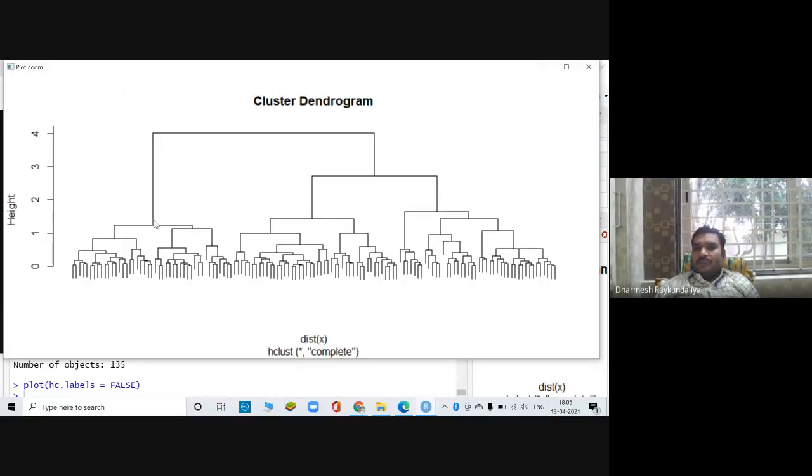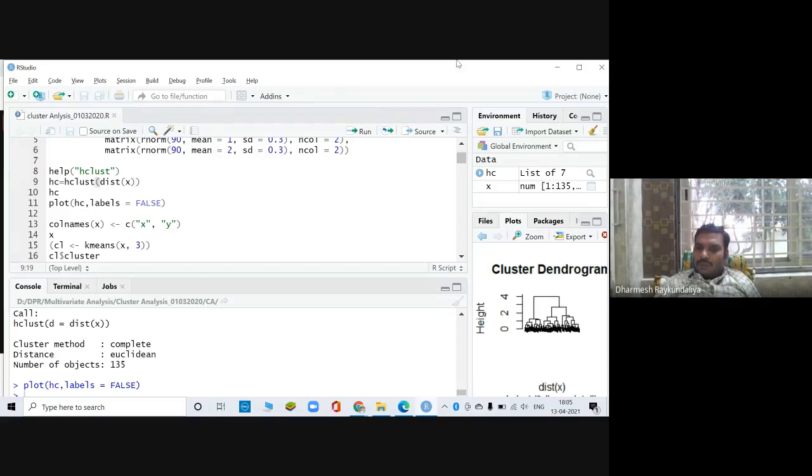So you can see that this is one cluster, this is another cluster, and this is another cluster. Somebody said, sir, I may say this is one cluster, this is 2, 3, 4. But more clusters are also not important, because then what is the fun of making clusters? We try to have a minimum number of clusters which can explain the maximum variation.